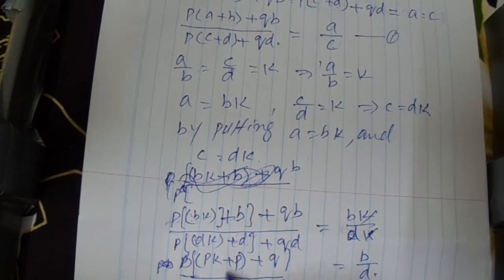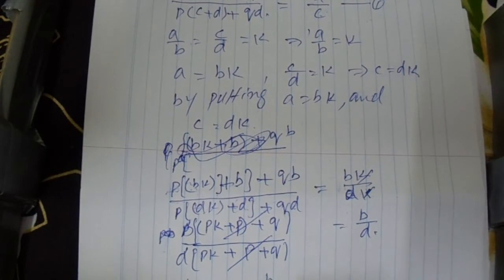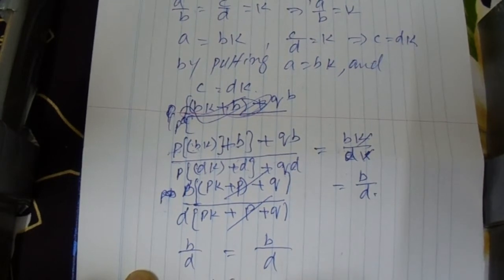This will cancel this, and you have b over d. B over d is equal to b over d, left hand side is equal to right hand side.